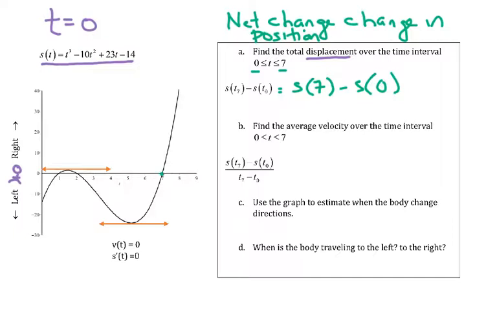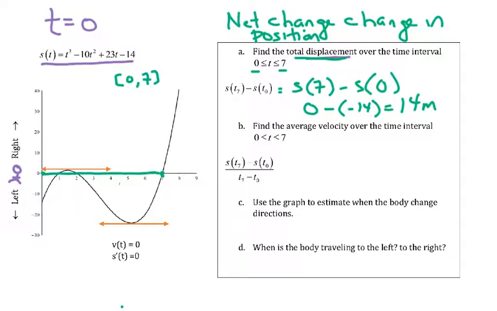Well, s of 7 happens to be 0. s of 0 is negative 14. So this is 14 meters. So the total displacement in this time period from 0 to 7 seconds, that's here to here, the total displacement is 14 meters.